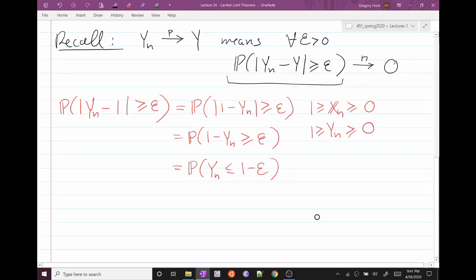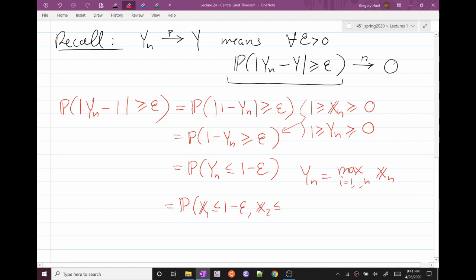So recall that Yn is the maximum of these Xn. If the maximum is less than or equal to 1 - epsilon, then we know that each of the Xn's must be less than or equal to 1 - epsilon.